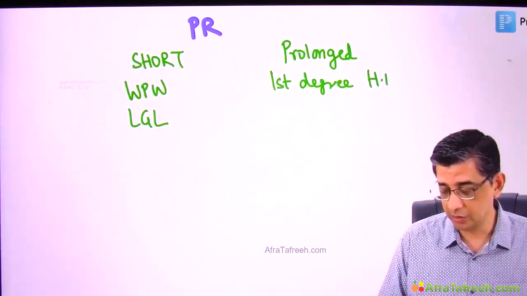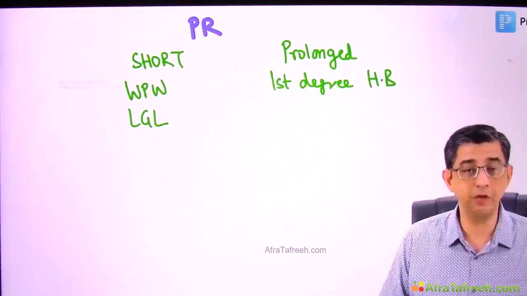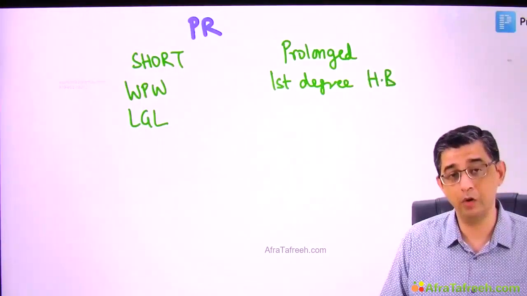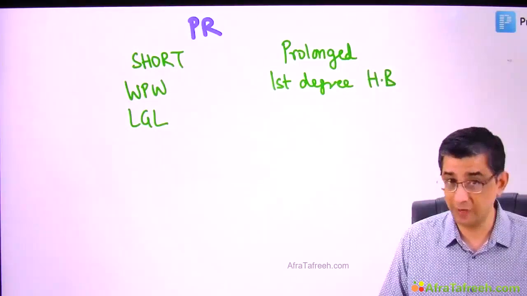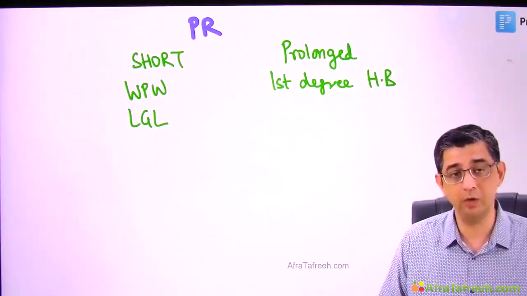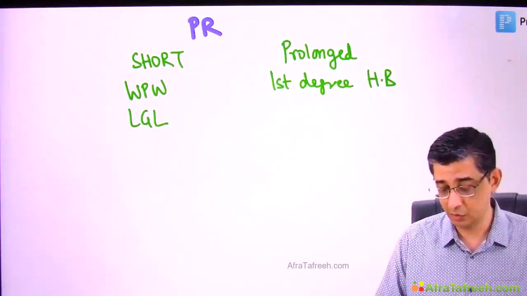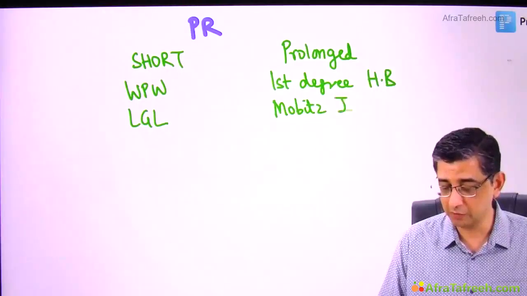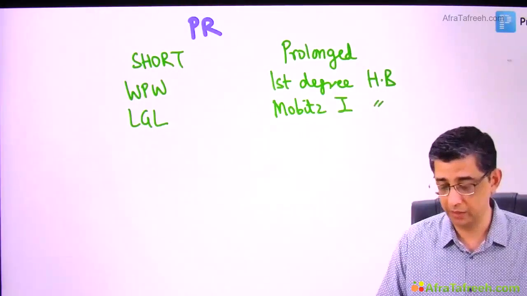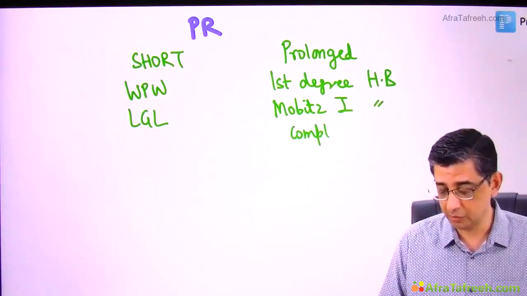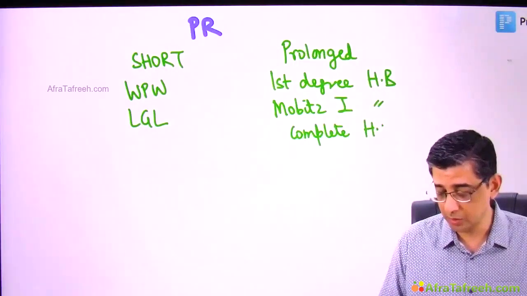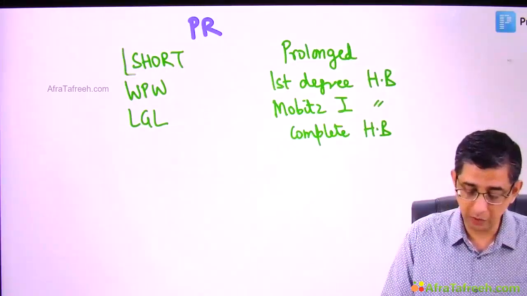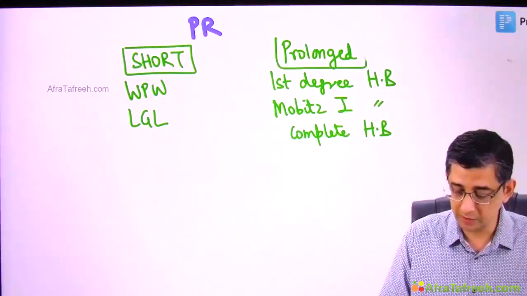I hope you recall that Mobitz 2 heart block we're not going to put in this category of prolonged PR interval. In spite of that, it still belongs to heart block because conduction is not occurring. So in prolonged PR interval, definitely Mobitz 1 heart block will make the cut. So will complete heart block also, but not Mobitz 2 heart block. So do keep a watch on these minor aspects that I've highlighted.